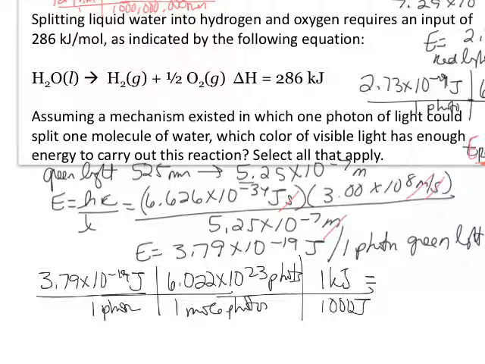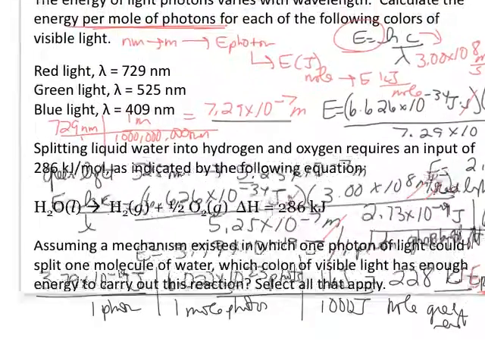This ends up working out to be, for green light, 228 kilojoules per mole. So let's put this up here real quick.